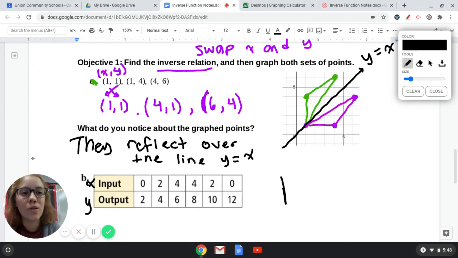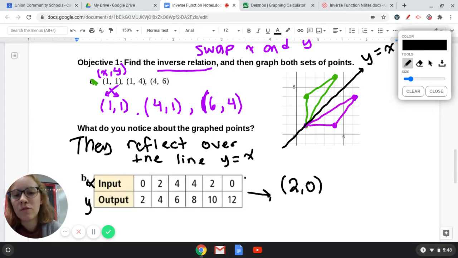One way we can represent this is through a table, but I think for our purposes, it'll be more friendly to look at this table like a set of points. So this point is (0, 2). This first point right here, x is 0, y is 2. So what would be the inverse point? (2, 0), because we switched that x and y.